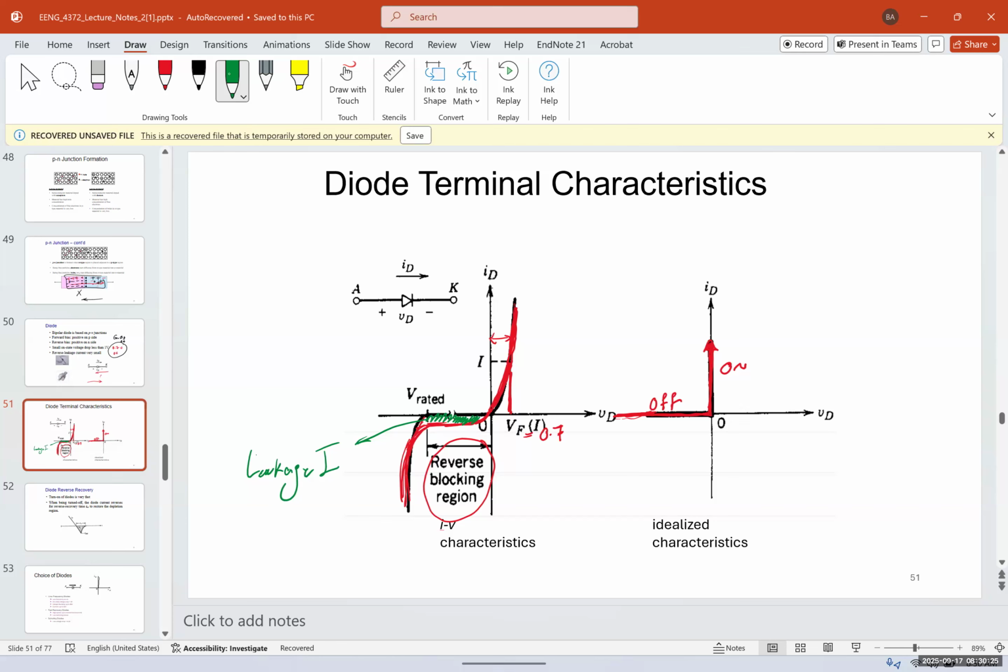Meaning in reverse bias, it's like a valve which is shut, but you still have a little bit of water passing by, a little bit of current passing. So in reverse bias, there is a small leakage current, and that actually causes a lot of problems, and sometimes a big part of the loss in a switch is the leakage current.